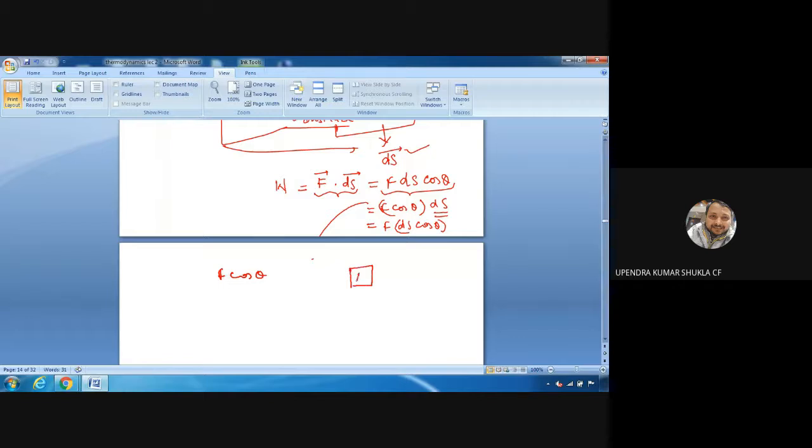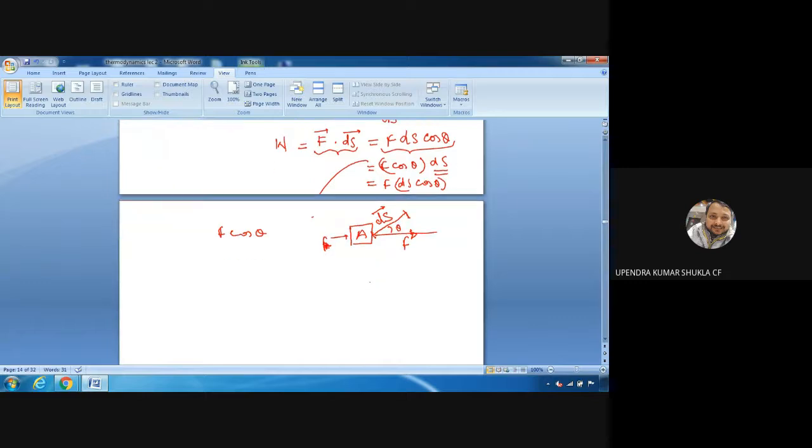Suppose you are applying the force on this block and displacement of this block is in this direction, ds. Now the component of force acting along the line of displacement.